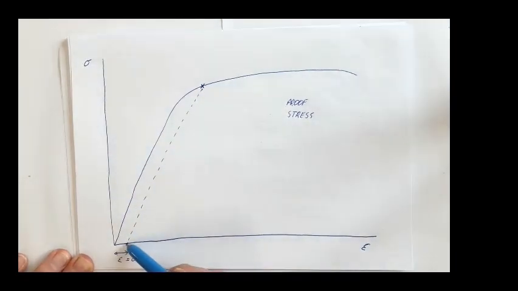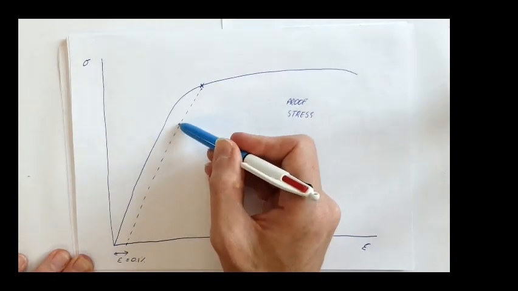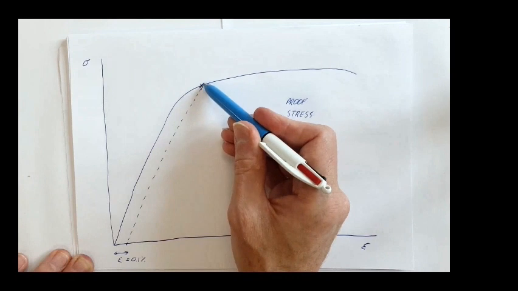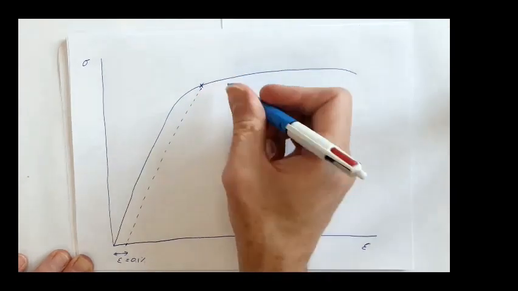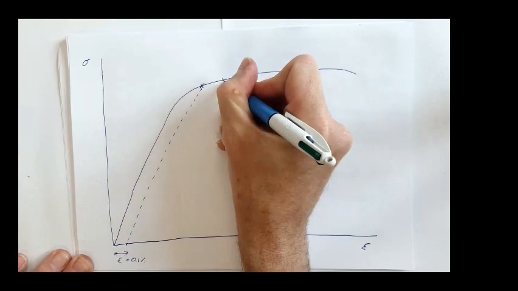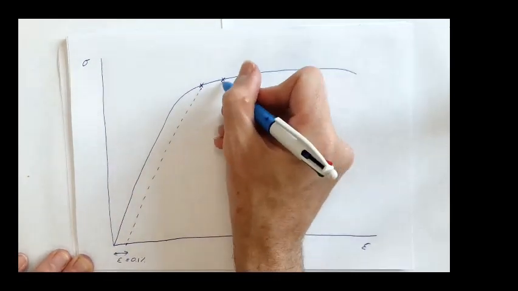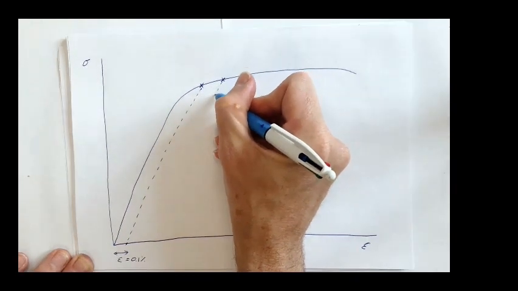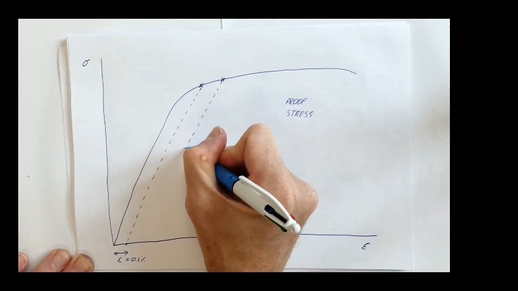0.1% strain. If we were to load it again, we would go back up this line to the point where we were before, and then we'd carry on along this line. Let's say we got to this point, and then if we unloaded it, again, we'd come down parallel to that initial line.